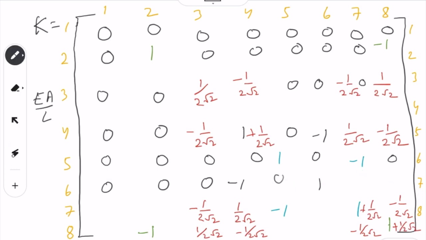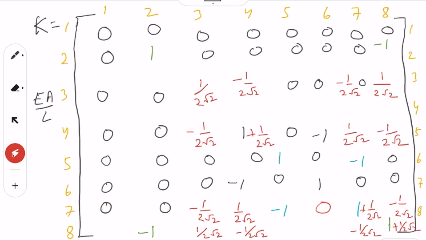So 0, 0, 0. So we have 8. Similarly, the seventh one. So we have 1, 2, 3, 4, 5, 6, 7, 8. 1, 2, 3, 4, 5, 6, 7, 8.